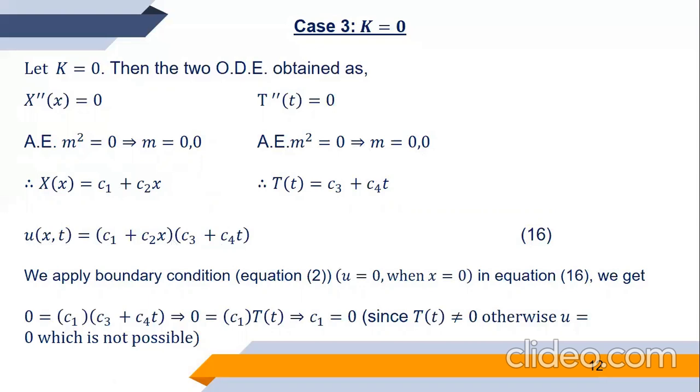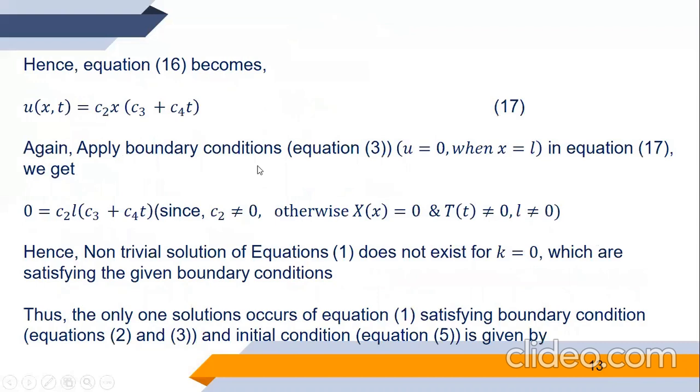Now we apply the boundary condition, equation 2, u is 0 when x is 0 in equation 16. We get x is 0, u is 0. So 0 is C1 times C3 plus C4 t, which implies C1 into T of t, so C1 is 0, since T of t is not equal to 0. And C1 is 0, we input in equation number 16.